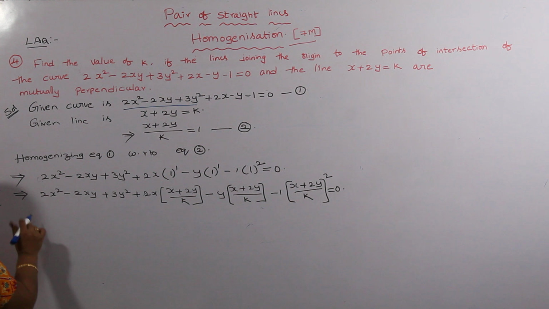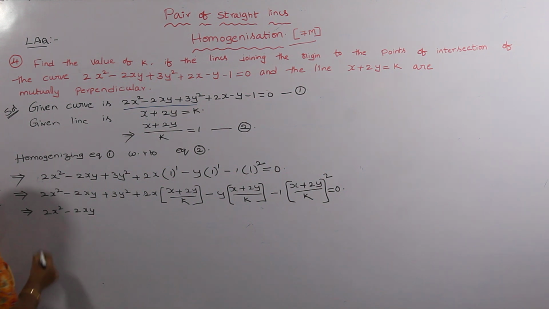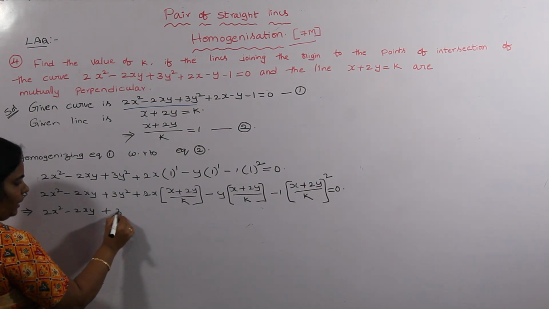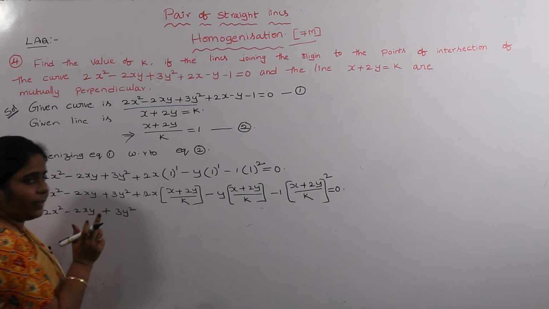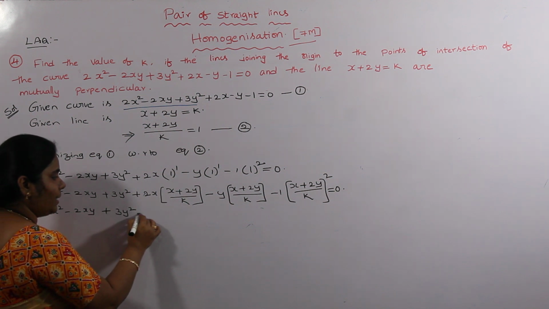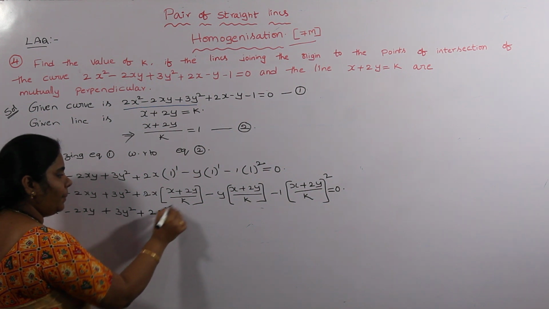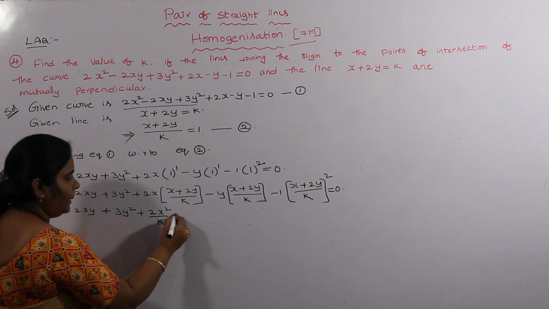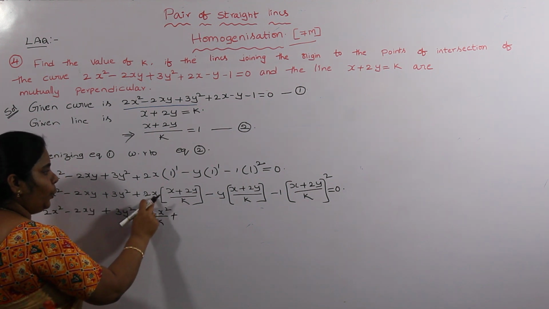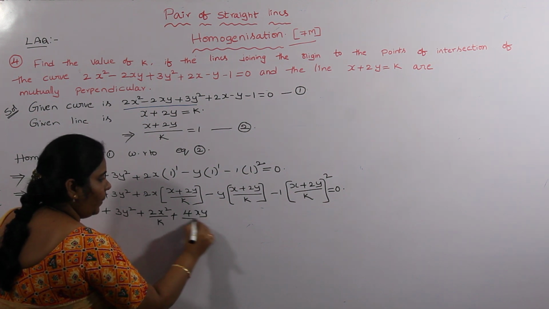That implies 2x square minus 2xy plus 3y square, up to this is taken as is. Now this 2x is transferred inside. 2x into x is 2x square divided by k. Plus into plus is plus, 2x into 2y is 4xy, with denominator k.